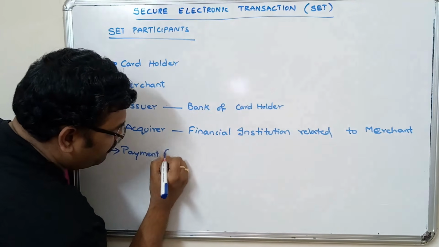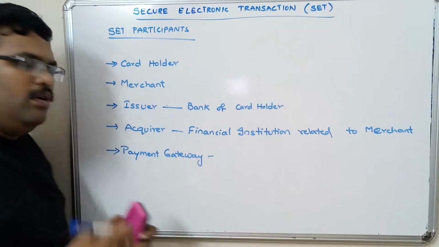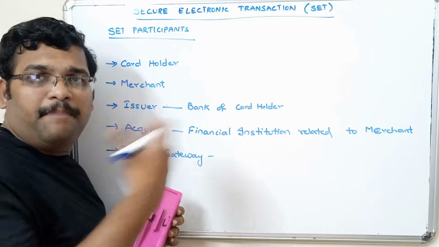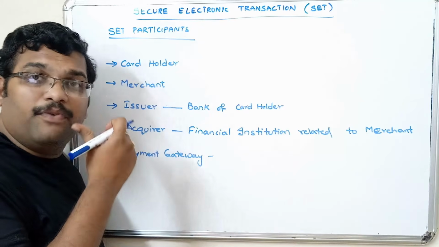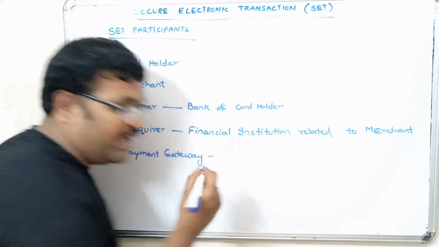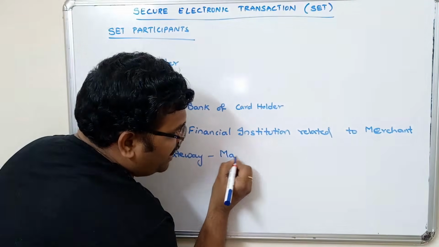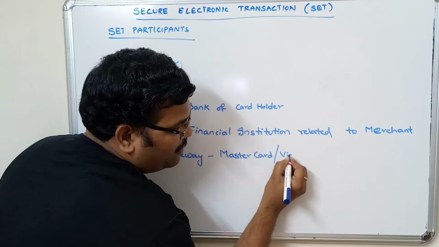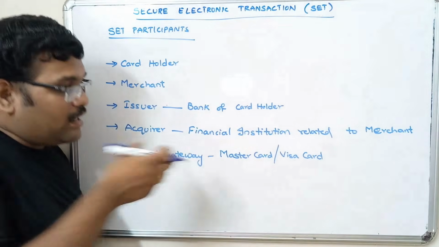Next, payment gateway. The payment gateway is what does the payment process. For better understanding, we can observe the payment gateway on our card, that is MasterCard or Visa card.